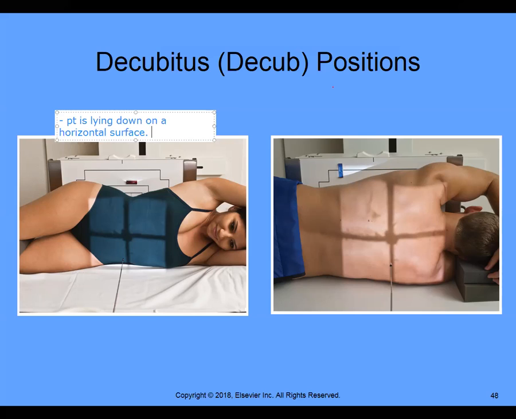Right? That's for decubitus. And you can see there, she's lying down on a gurney or on an x-ray table, right? And that's horizontally. Then it also says that the central ray is also horizontal. And I'll show you what we mean by that.